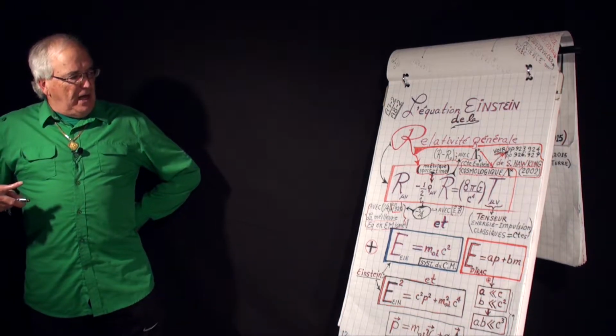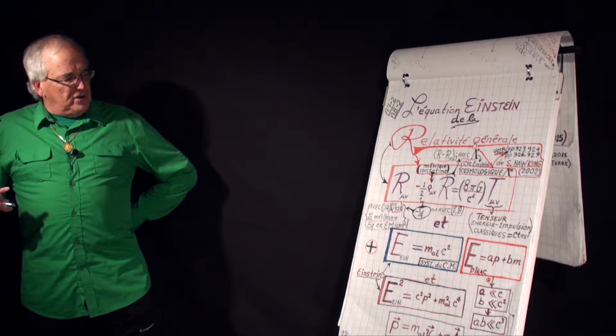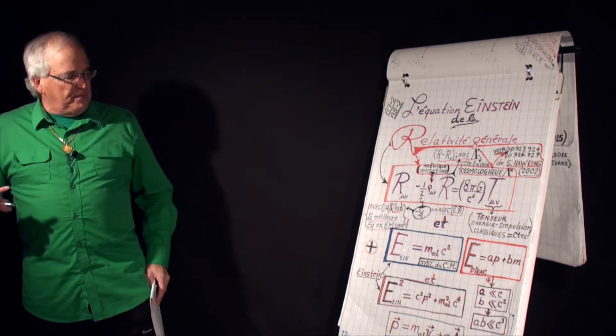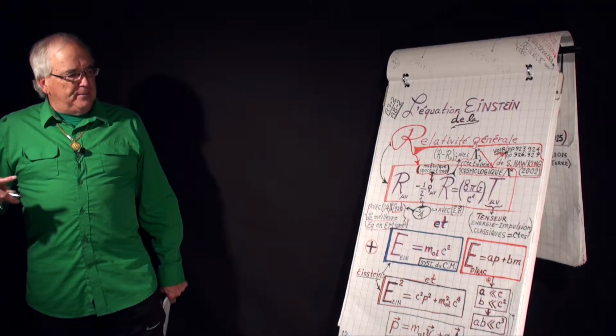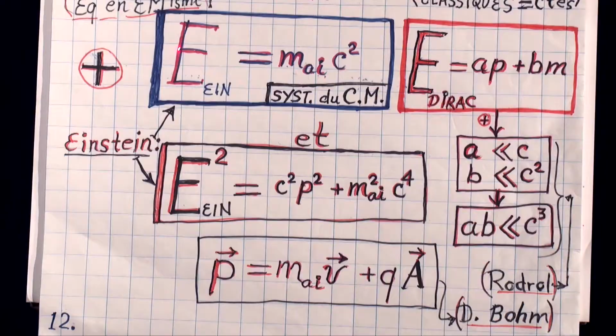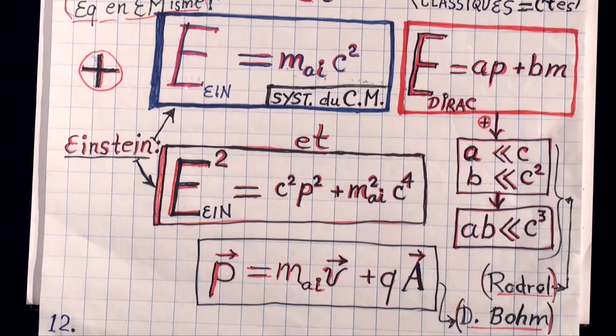So anyway, I'm just going to tell you a little bit about Einstein's equation for a particle. This is Einstein's equation, well known, E = mc squared. In some of my presentations I used W for the energy that comes from work, because I've used E for electric field. But here E is Einstein's energy in the system of center of mass, mc squared.